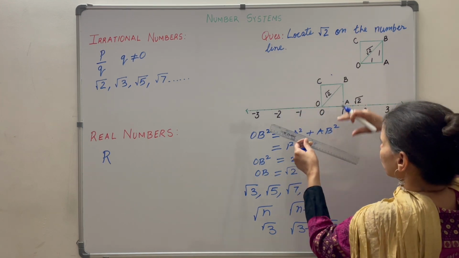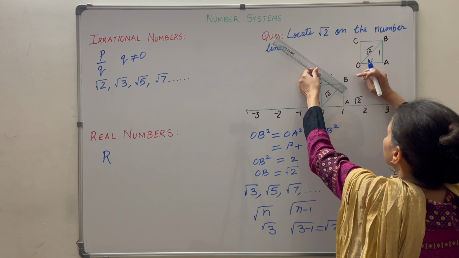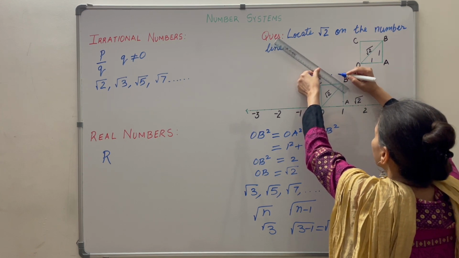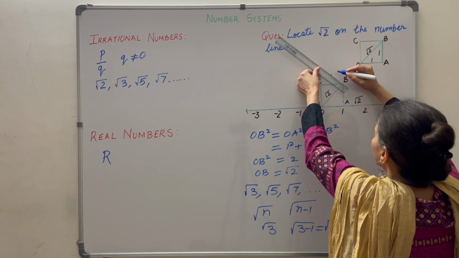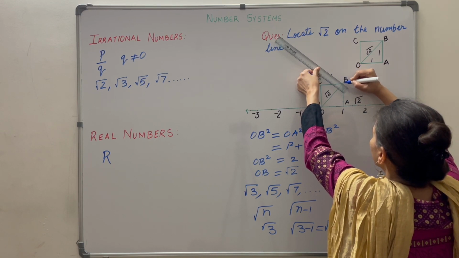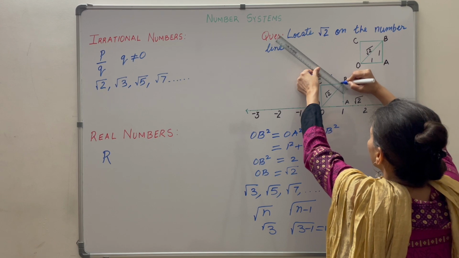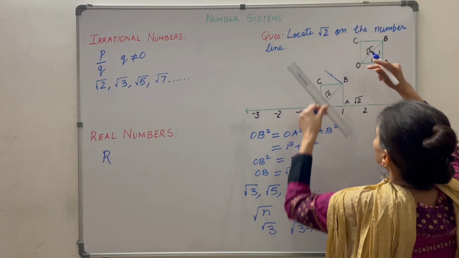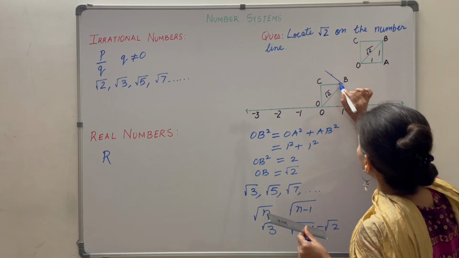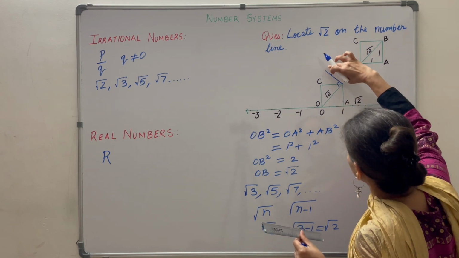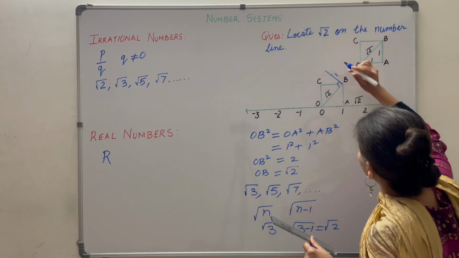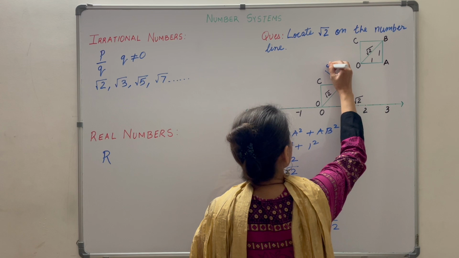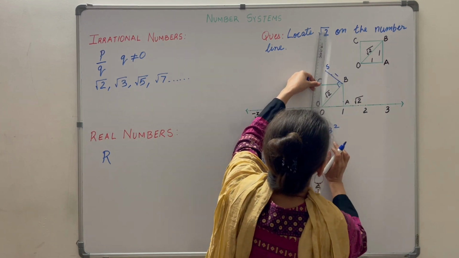And this length has to be 1 unit. So this is 90 degrees here and this length is 1 unit. If I mark this point as, say, S, then OS is root 3.